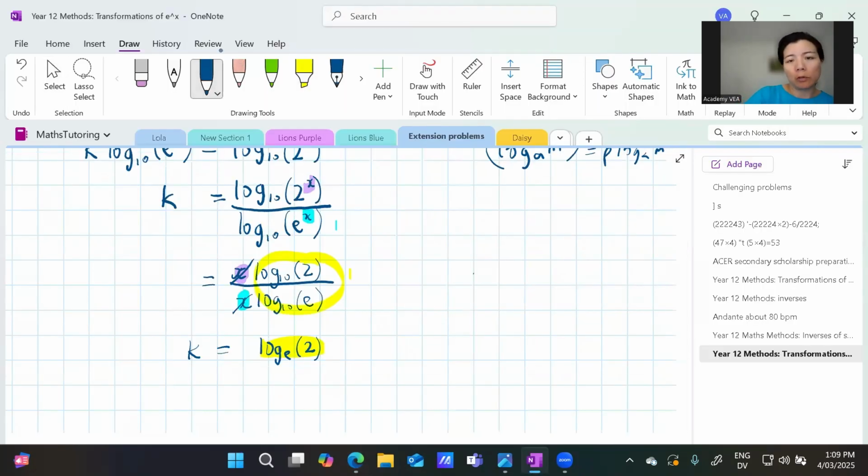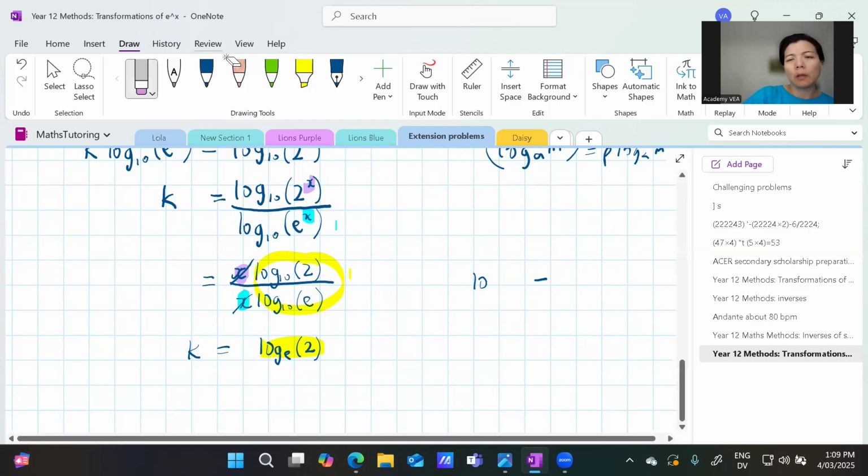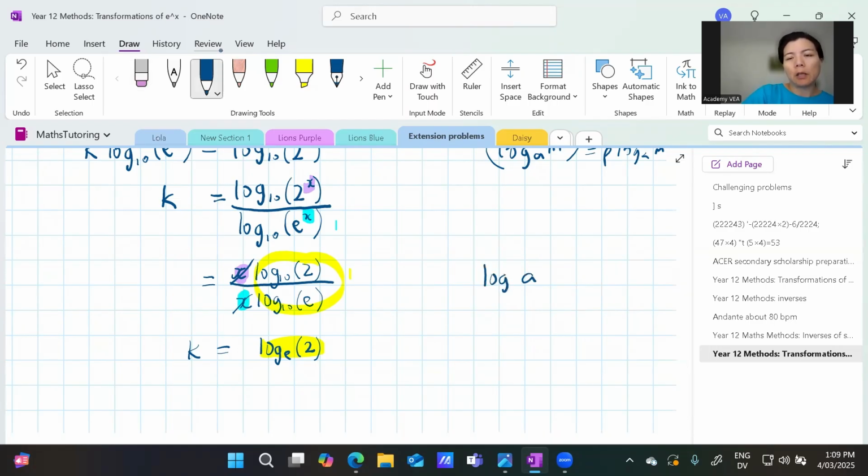The change of base rule looks like this: if you have two numbers, a and b, and they're both logged to the same base, then you can rewrite them as log to the base of the denominator of what's in the numerator.